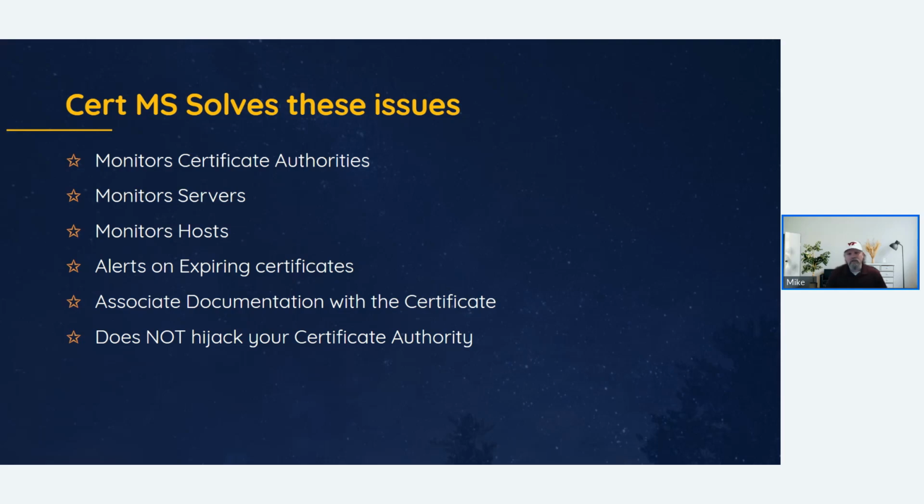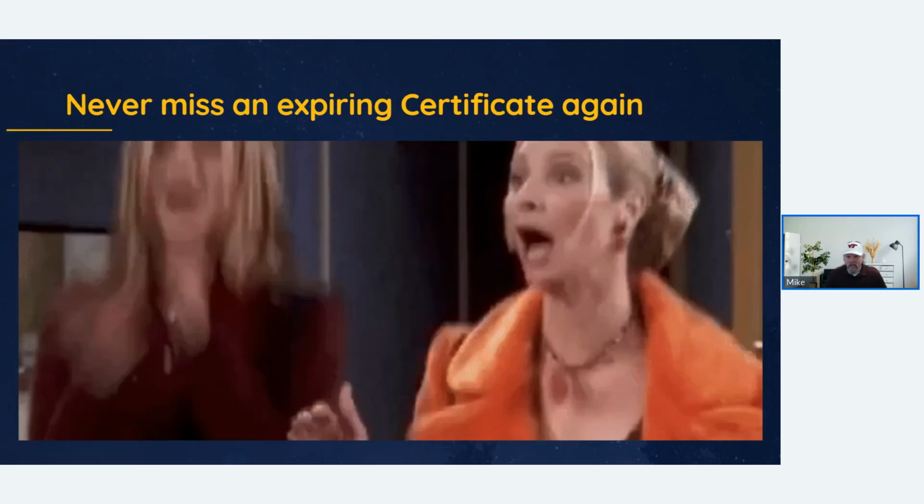And the best part, in my opinion, is it does not hijack your certificate authority. This is a completely passive monitoring solution that lets you know when a certificate's about to expire. So, yay, never miss an expiring certificate again with CertMS.